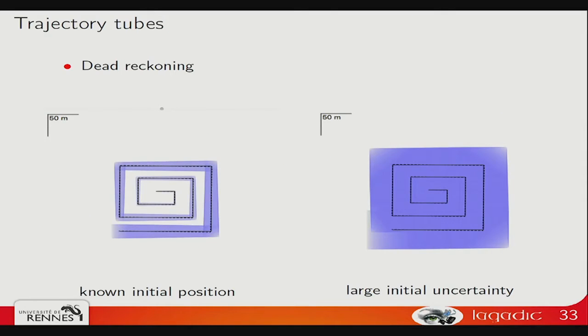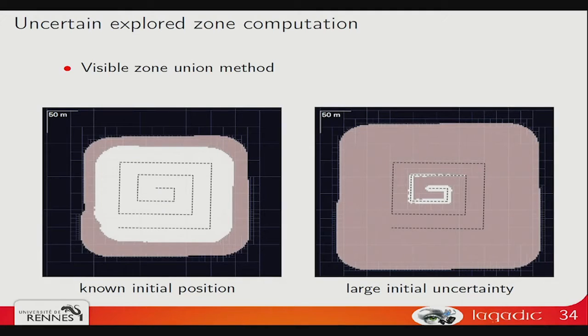So just an example. A robot, its trajectory, its uncertainty in blue. Here it's well localized, here it is not well localized. If we use the first method, which is very fast, which is just the union of visible zones, in the first case we can compute a great cleared zone, but here the cleared zone is very reduced because of position uncertainty.